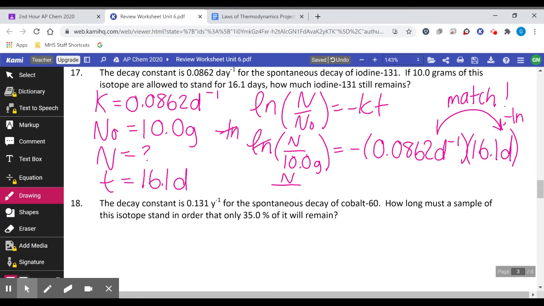And so I get my N over 10.0 grams equal to, and the number I got for the right side is 0.249619. So then to get N, we just multiply that by our 10, and we get 2.50 grams.